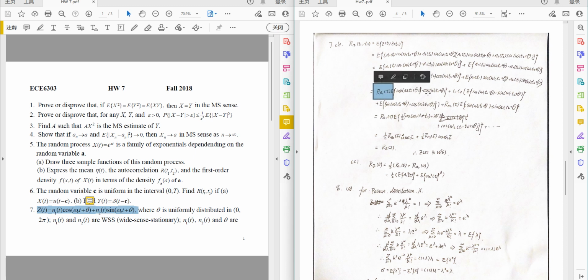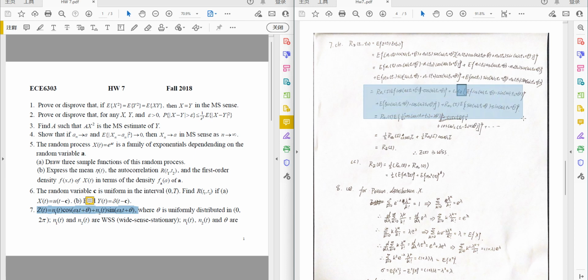Yeah, that's the definition. And also for the expression of N2(t1), N2(t2), we got this, and replace the expectation of N1 with C1, N2 with C2.